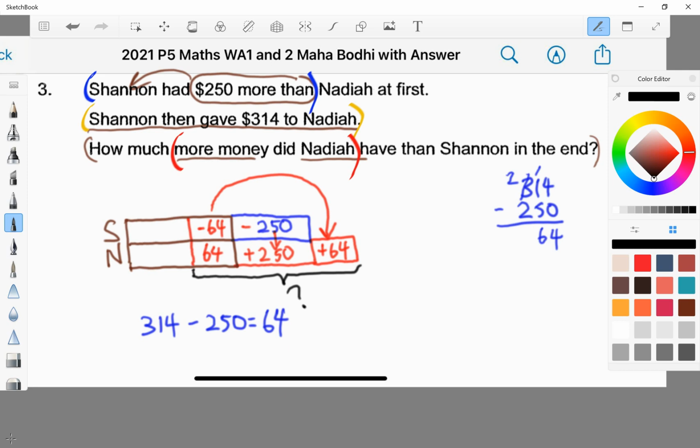And you can say that the final answer is actually 64 plus 250 plus 64, or is none other than 64 plus 314, because all in all Shannon gave 314 to Nadia.